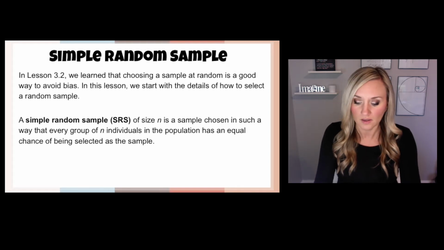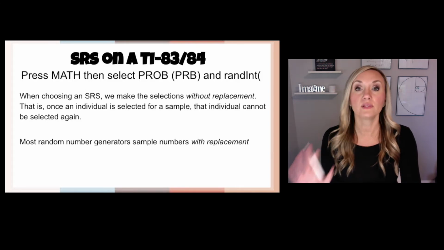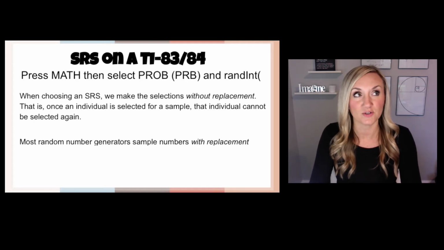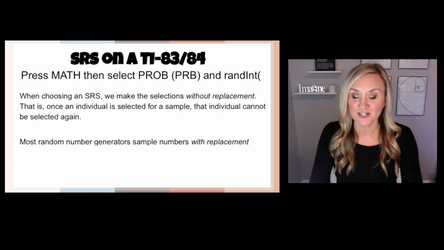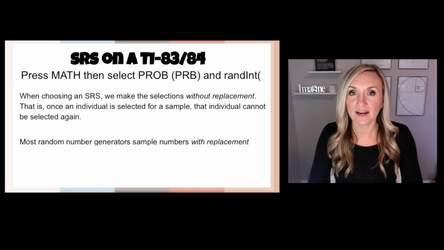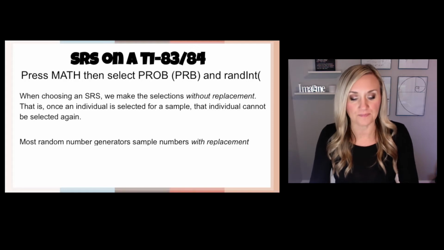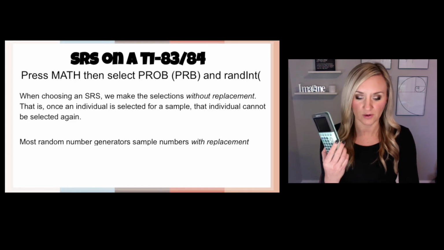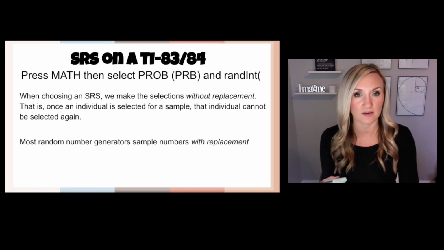I would like you to get out your calculator, and did you know that your calculator can generate random numbers? Super cool. I put down the notes for you, but I do want to walk through it with you on your calculator.